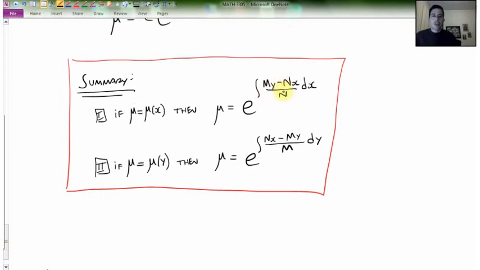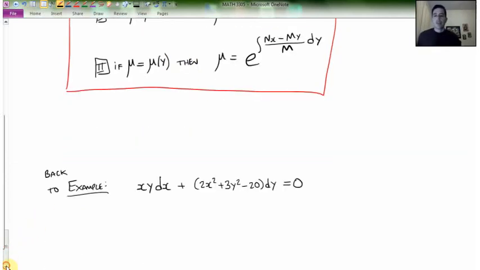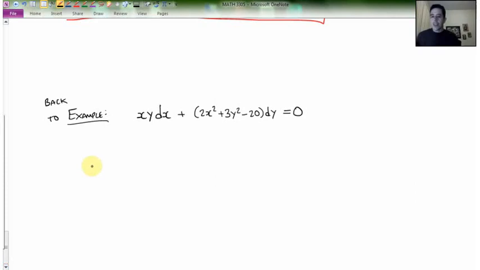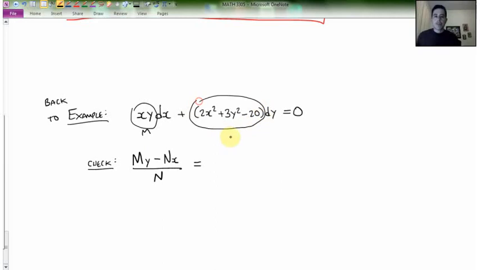We're going to work these expressions and see how they look. If this expression has only x, then we know that we are on the right track. If this expression has only y, then we know that we are on the right track for case number 2. Let's check. Here is (my minus nx) divided by n. This is our old m, and this is our n.